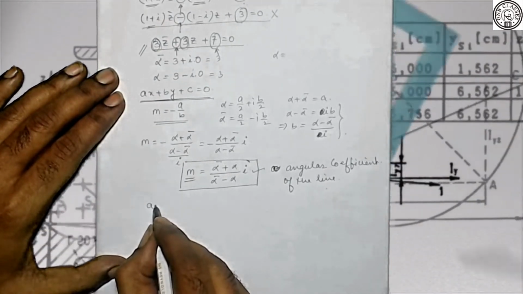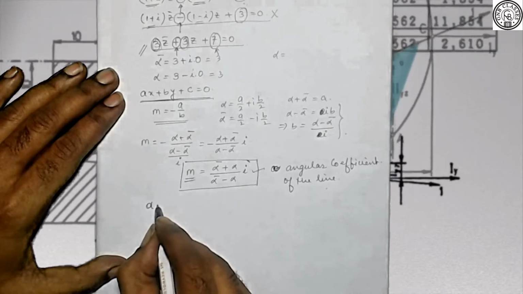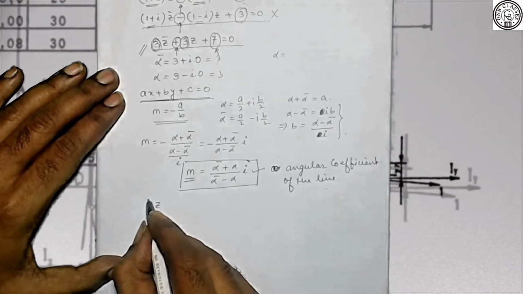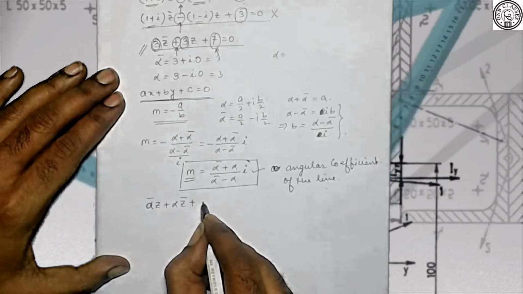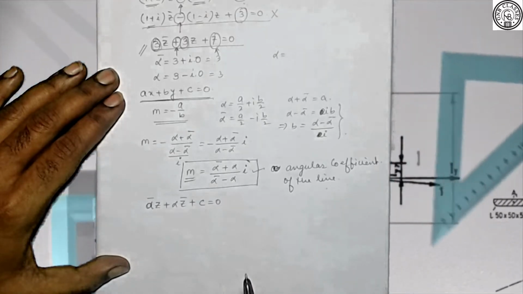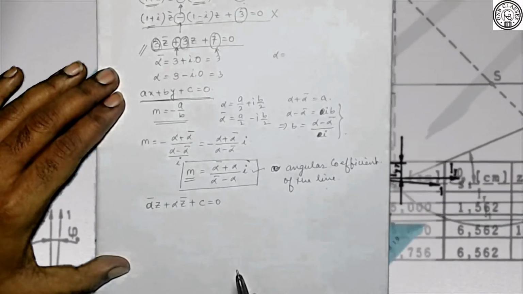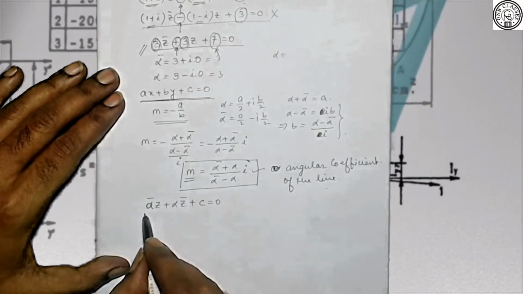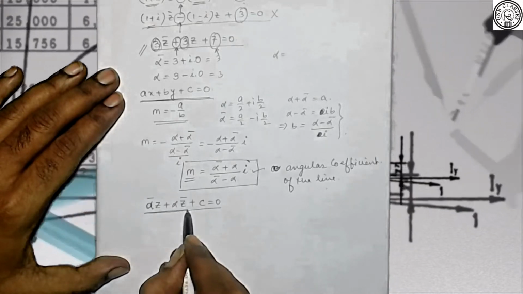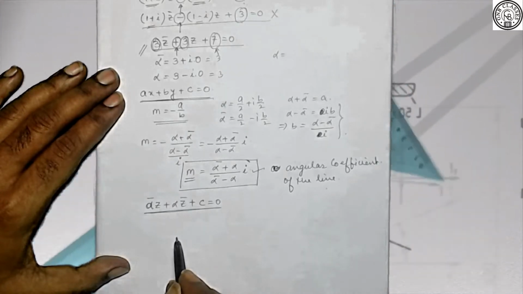Suppose we have been given the equation of the line in the complex plane, let us say this: alpha bar z plus alpha z bar plus c equals to 0. Then what will be the slope of this line on the complex plane?